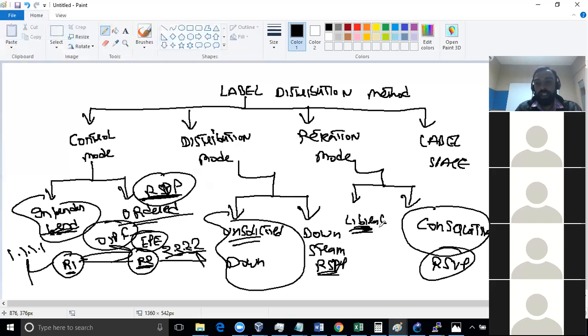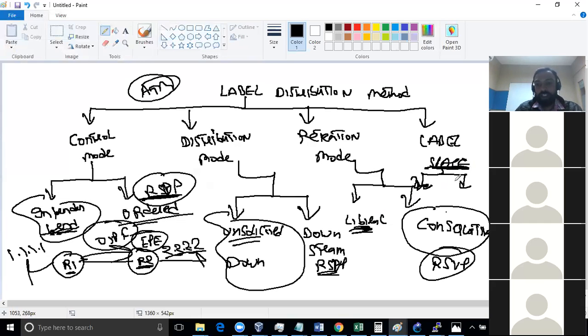And then you have the label space, meaning the coverage area. The label space is also divided into two: per platform and per interface. Per interface was applicable in the old legacy technology, ATM. Now all the protocols use per platform label allocation.